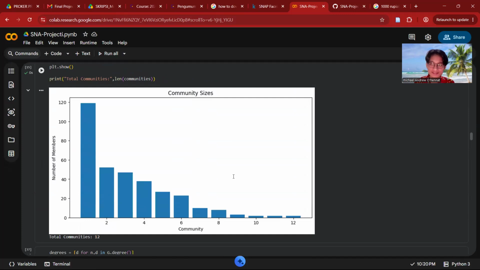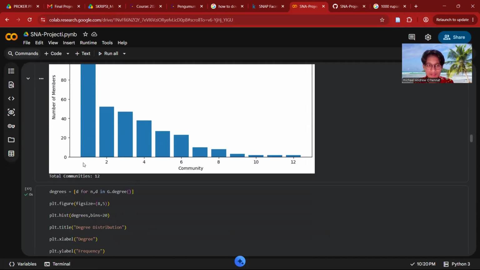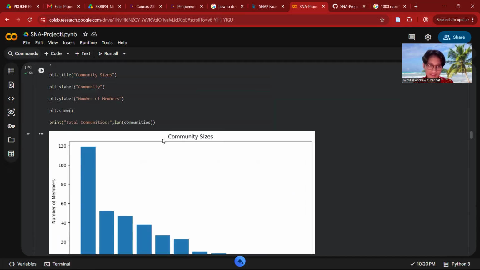This is the community size. Like we live in this society, every place has its own community, its own group. Because we are focused on ego number 0, near ego number 0 there are 12 communities.